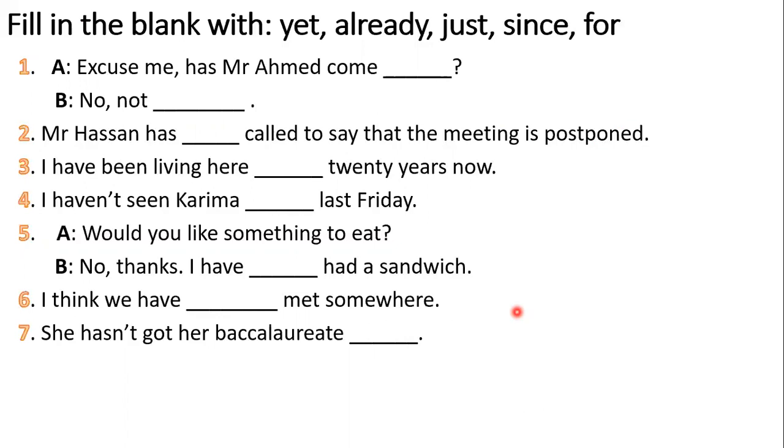Welcome back. Let's correct. We have 7 sentences. And I want you to fill in the blank with yet, already, just, since, or for. So number 1, excuse me, has Mr. Ahmed come yet?